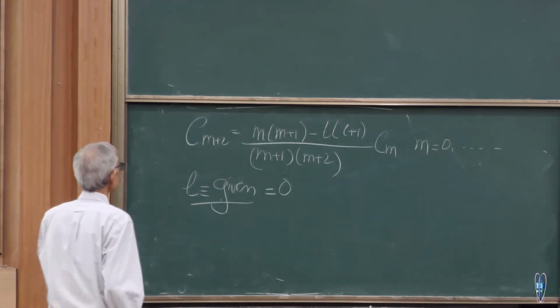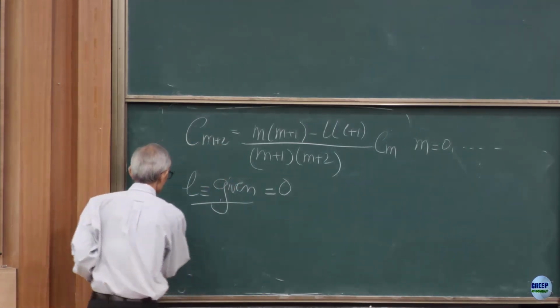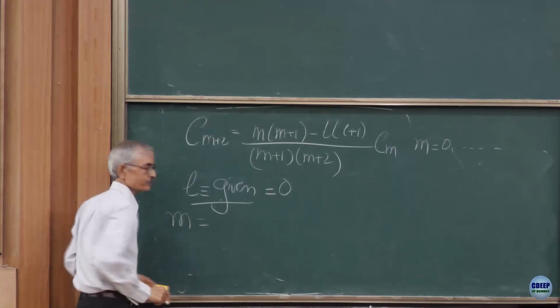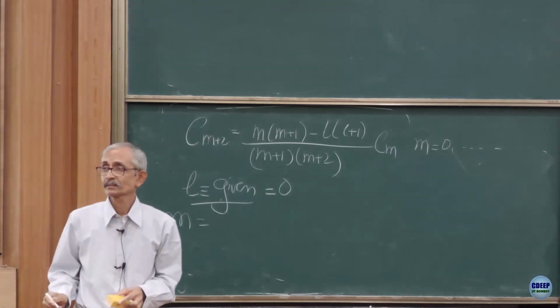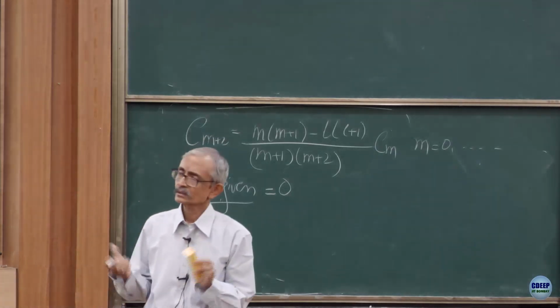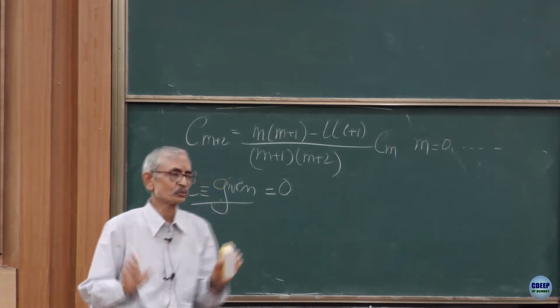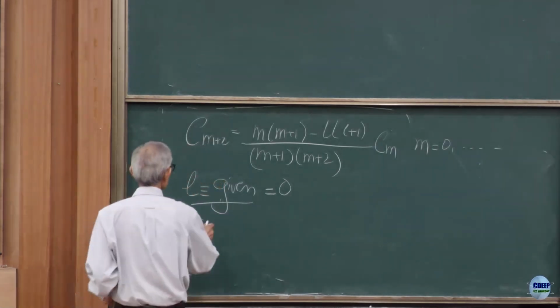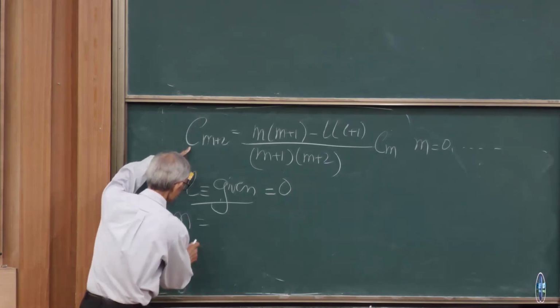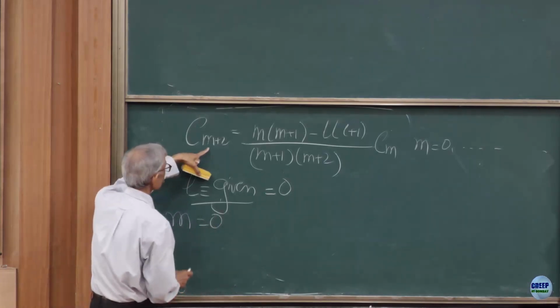Then what happens here? M goes from where? M goes from 0 to infinity. M has nothing to do with L. So let us plug in a 0 here. M equal to 0.